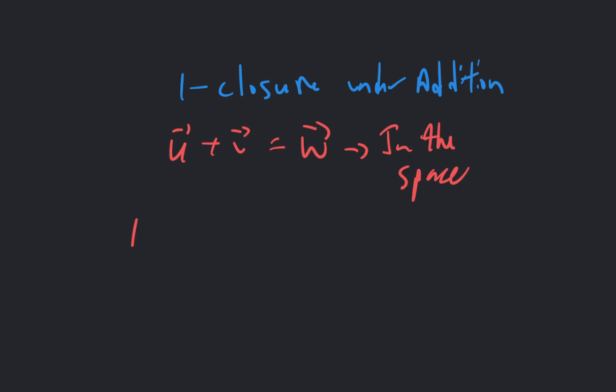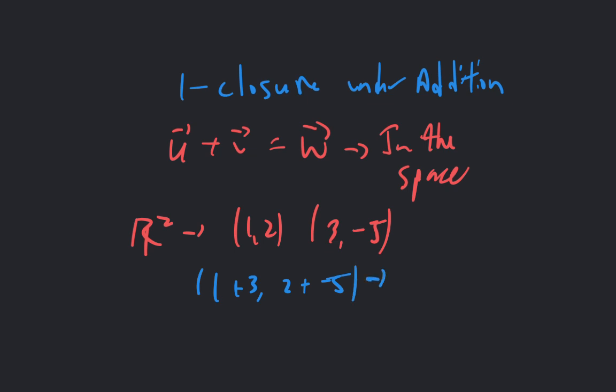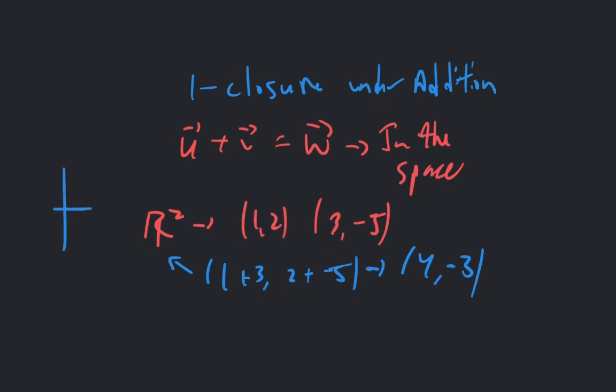For example, let's say we're in R2, and we have 1, 2, and 3, -5. When we add them together, we get 1 plus 3 and 2 plus -5, or 4, -3, which is still a vector in R2, mostly because R2 is the entire plane.